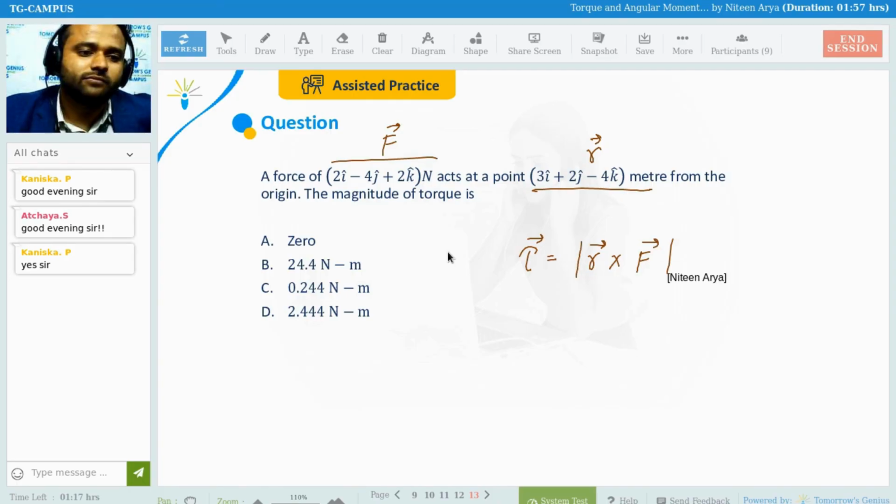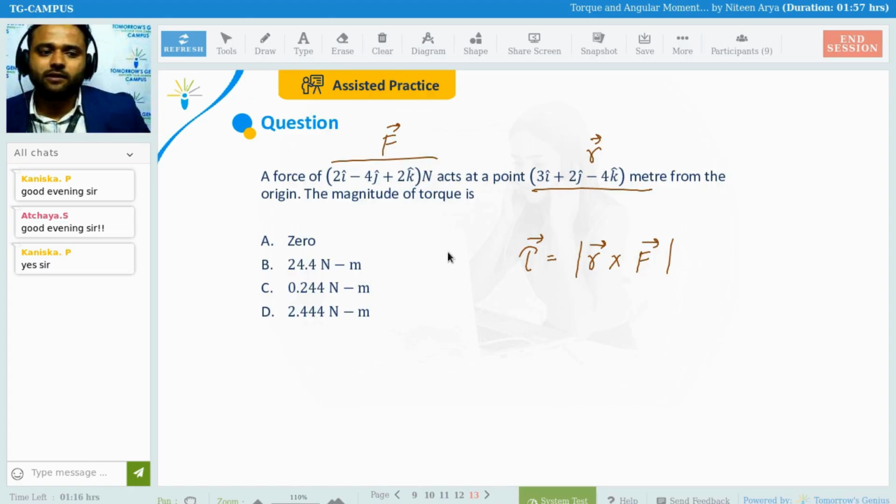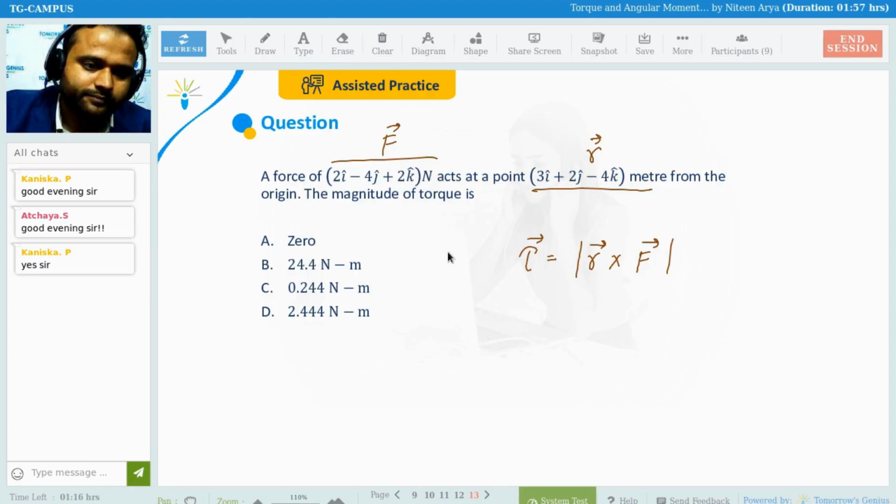This means do the determinant and tell me the answer. The next question is good.